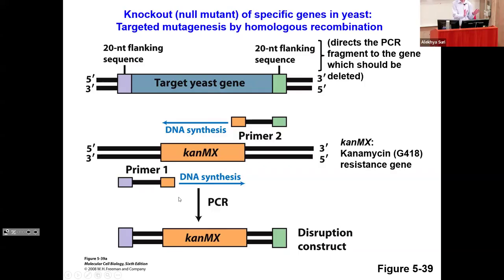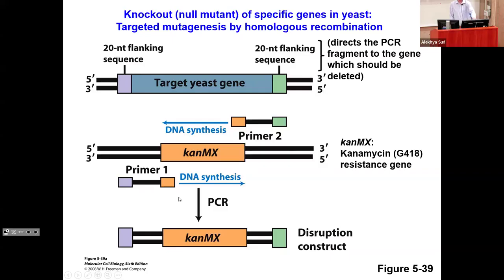This kanamycin resistance gene is the orange box here, on a plasmid. You design primers that partially have homology to anneal with the kanamycin resistance gene, but they also have overhangs, the purple color, that target the marker gene to the gene of interest.